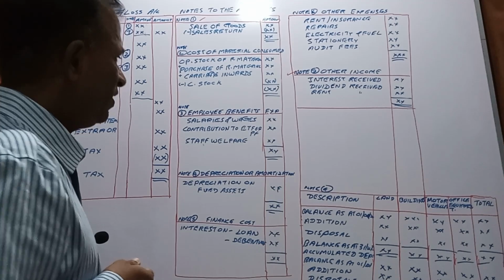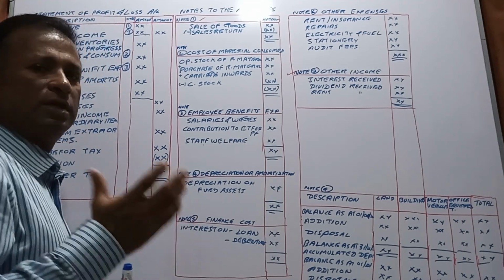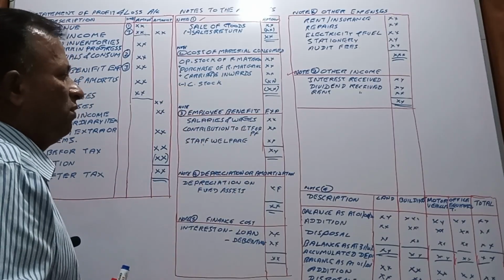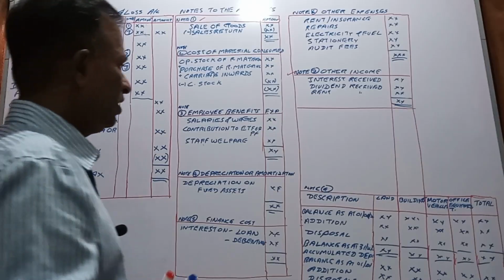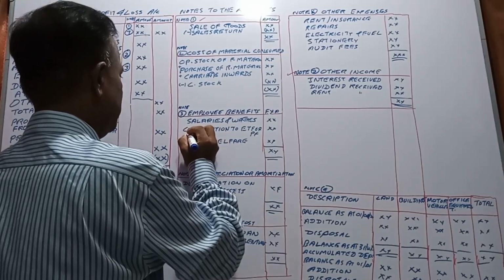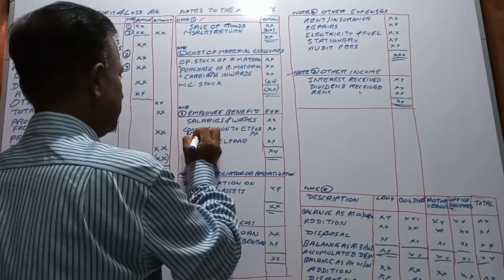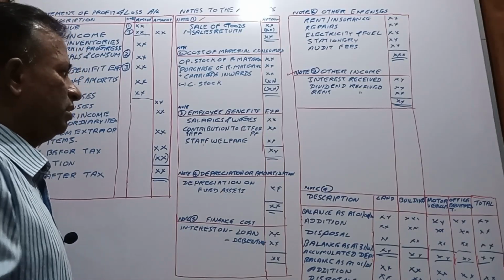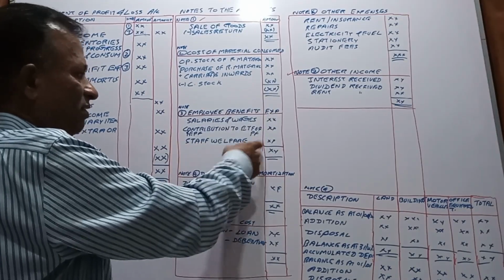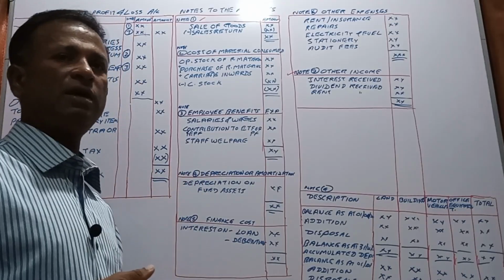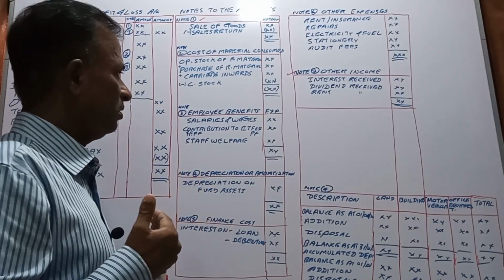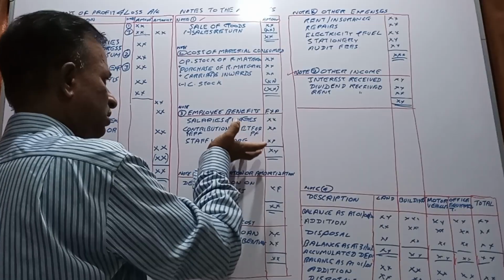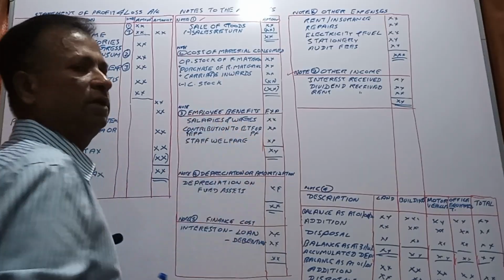Employee benefits expenses include salaries and wages, contributions for EPF, ETF and Provident Fund, and staff welfare, and any other expenses involved with the employees. If it is insurance related to the employees, you have to add the insurance amount also.